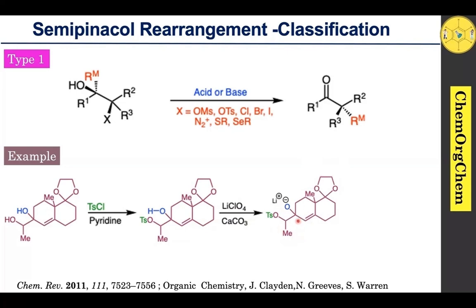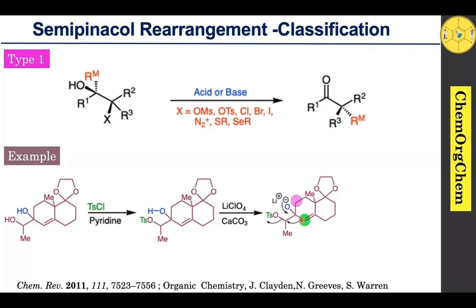Now look closely, this tertiary carbon is attached to a CH2 group as well as an alkene. According to our migratory aptitude, the alkene will get more priority. Now look at how the electrons are shifting. The alkoxide ion electrons come towards this carbon, followed by breakdown of the bond between the alkene and the tertiary carbon.